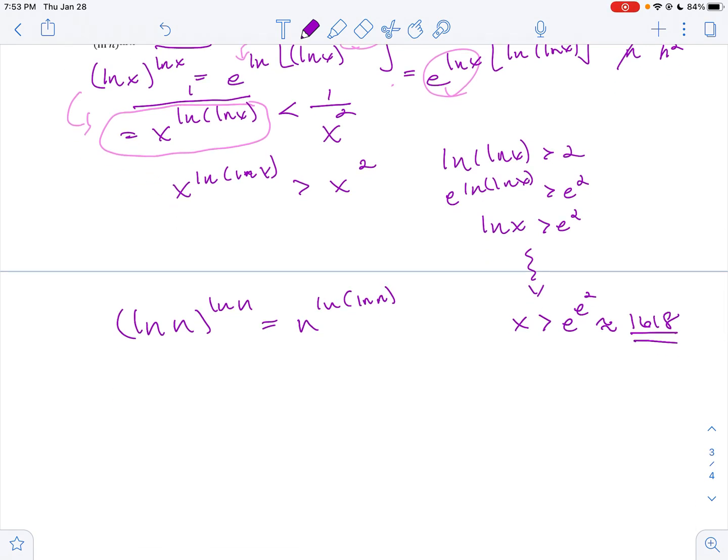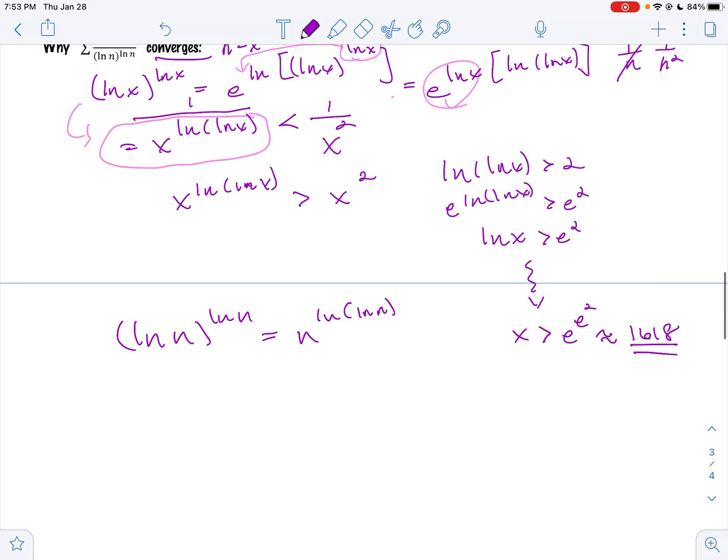And I know that n to the natural log of n is actually greater than n squared. Let me say this: it's greater than n squared when n is greater than 1618.